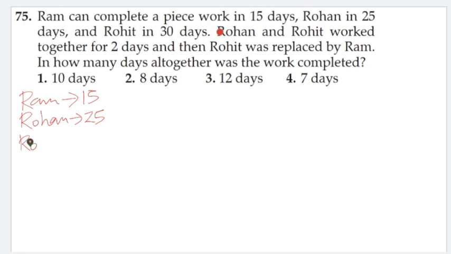Rohit in 30 days. So we first write down the information. Now next what is given? Rohan and Rohit worked together for 2 days. And then Rohit was replaced with Ram. So first 2 days Rohan and Rohit worked together. So we have to calculate the work done in that case.